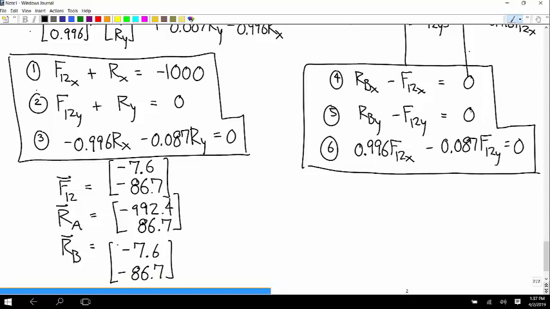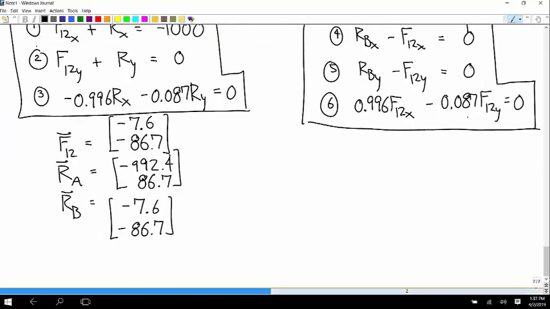Okay, good. All right, so now let's put these into free body diagrams and see what the external loads are on these members. So first we have member 1.